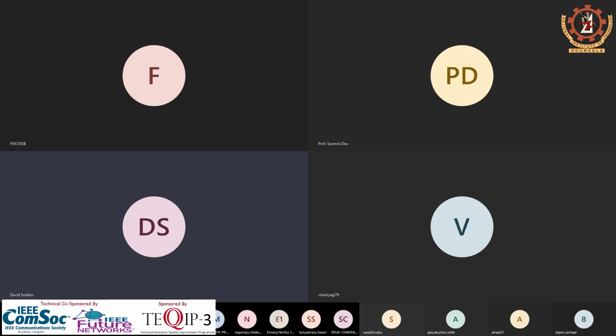So now looking at machine learning, we have different categories of technologies. We are talking about supervised learning, unsupervised learning, and reinforcement learning.